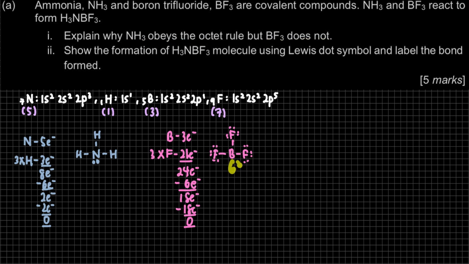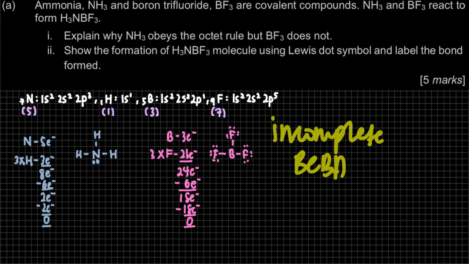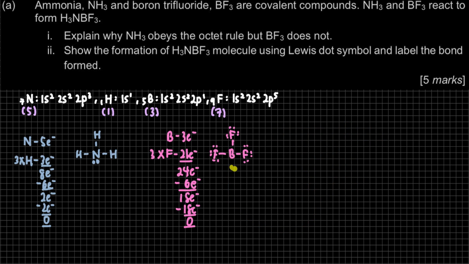So this is the structure. Again, there are atoms that do not obey the octet rule, which is the incomplete octet. Incomplete octet is only for beryllium, boron, aluminium. So this is our boron here in the middle. So it's fine.